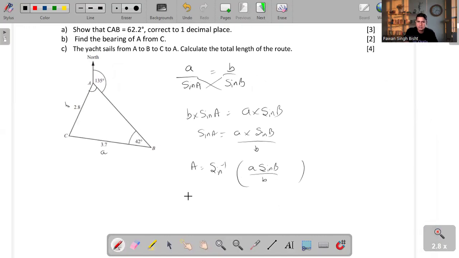Now put in the values. Small a is 3.7, so 3.7 times sine of angle B, 42, over b, 2.8.